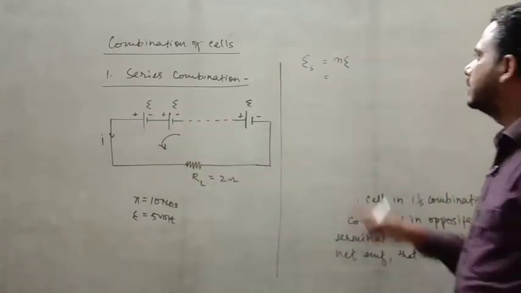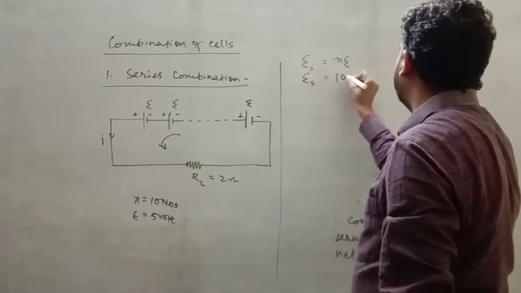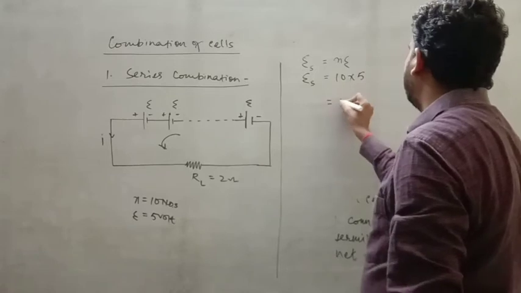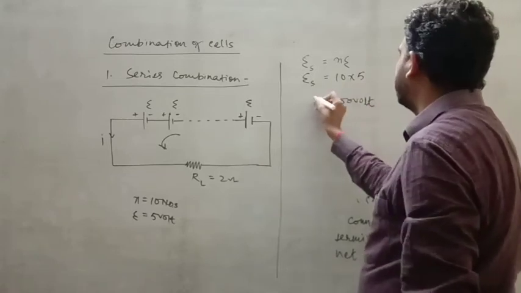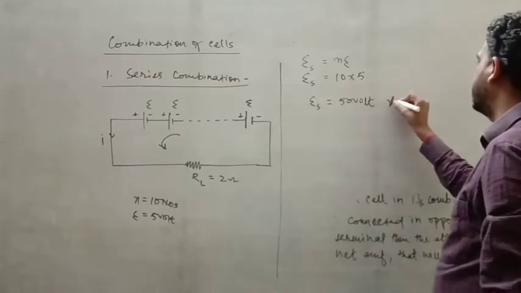So ES is 10 into 5 volt, which is 50 volt. So your equivalent EMF would be 50 volt, and this is your result.